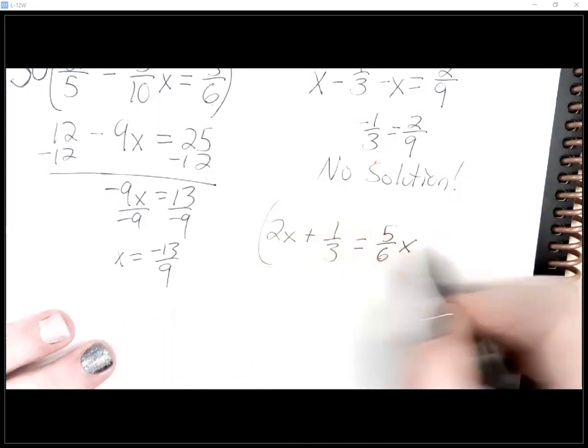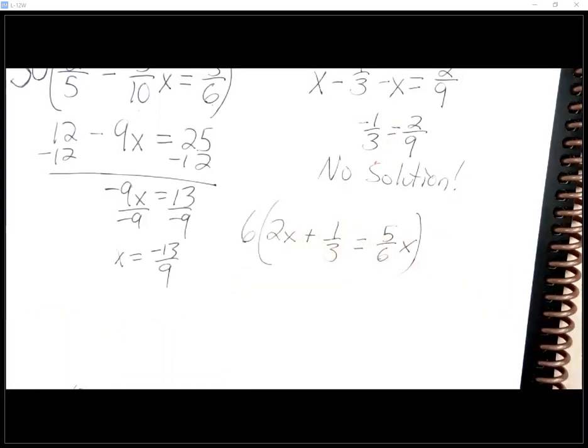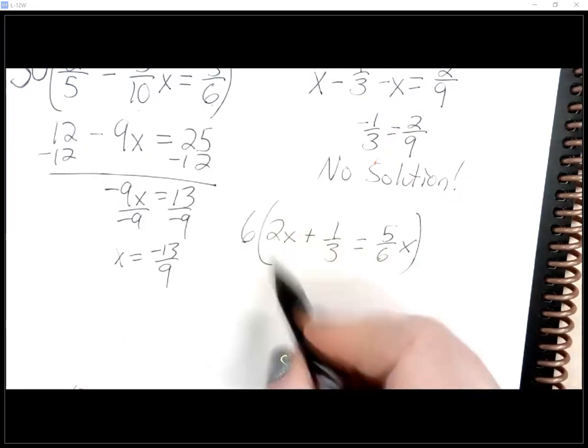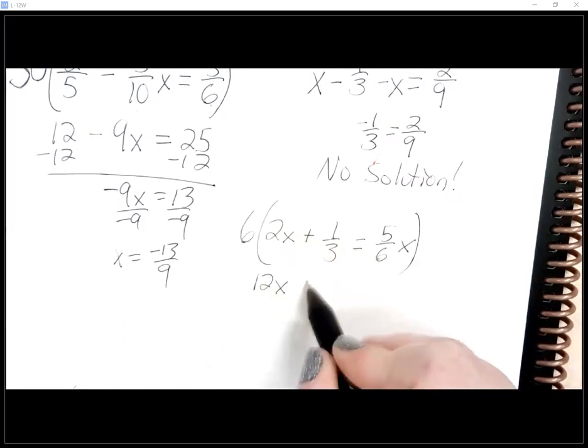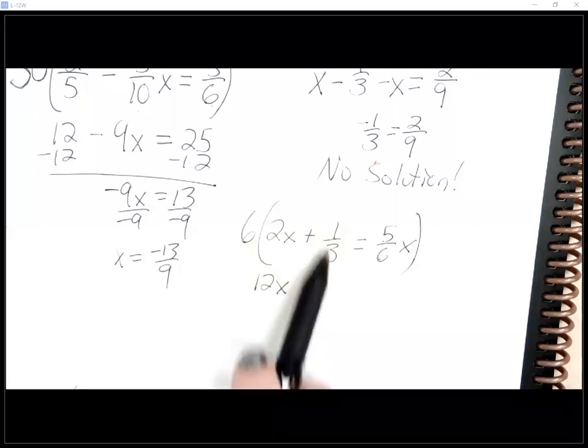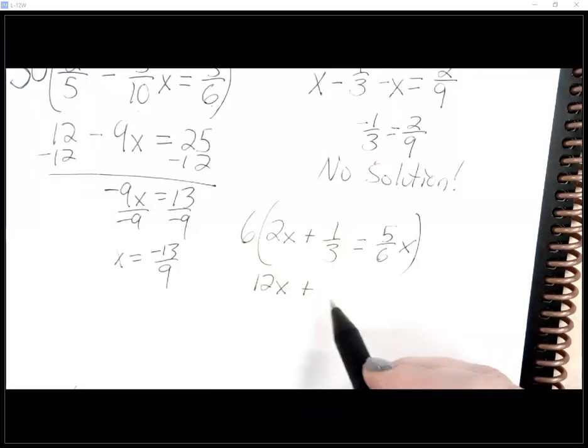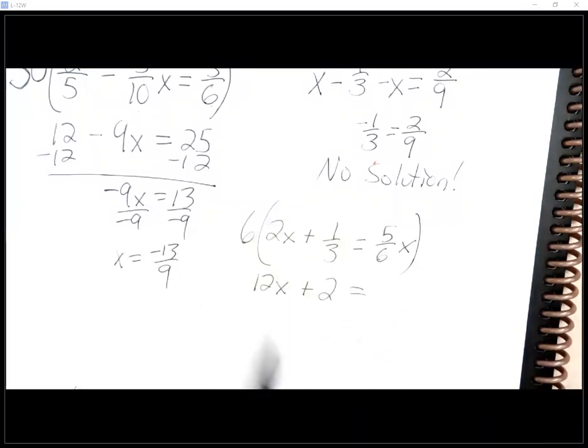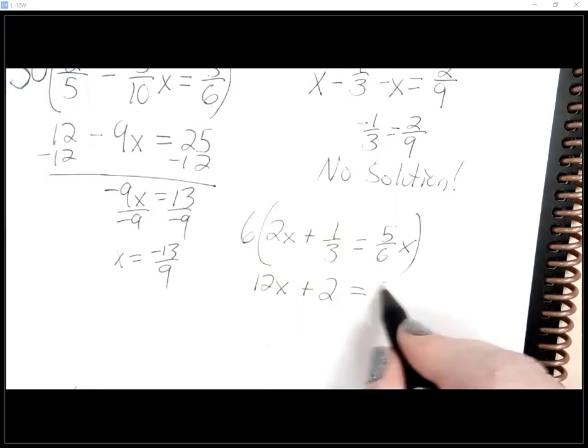So here's the thing though, I have to multiply everybody by 6, not just the fractions. Every single term gets multiplied by 6. So that means this one is now 12x. This one, divide down, multiply up, that's going to get me 2. Divide down, multiply up, I get 5x over there.